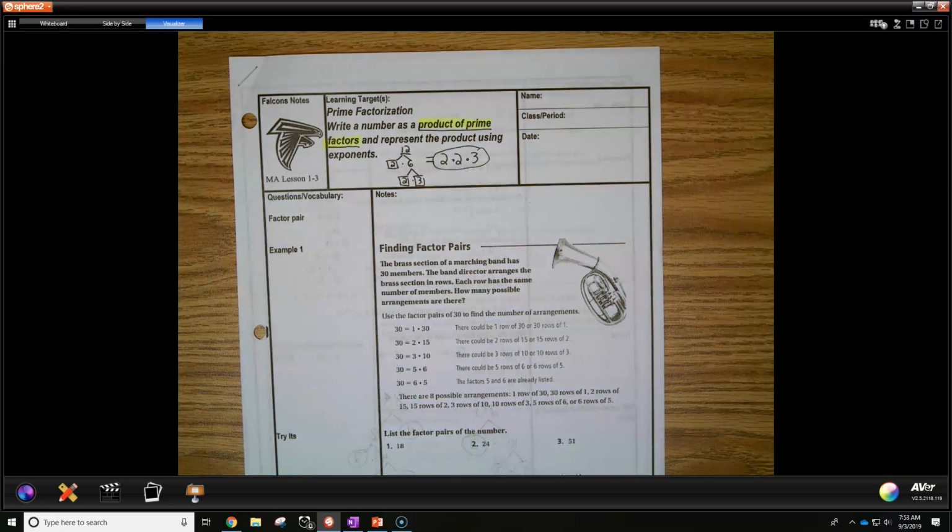I want you just to copy that part down for me right now. We'll go back and make sure you understand what it means in just a second. Everyone almost have that?